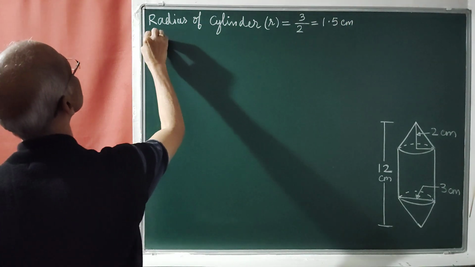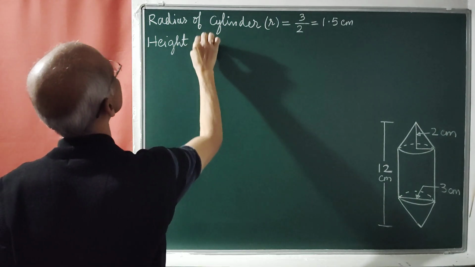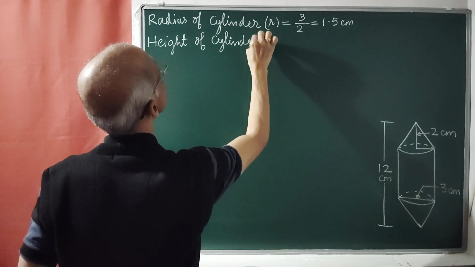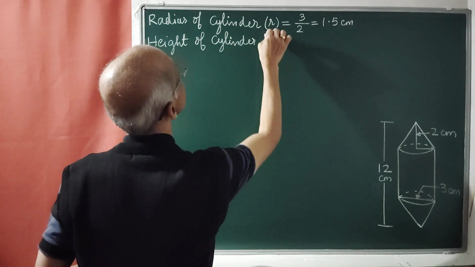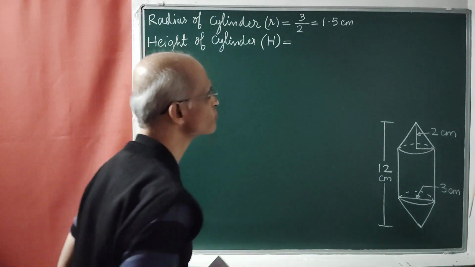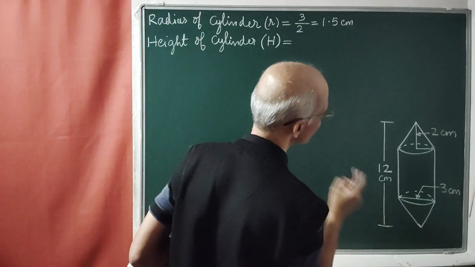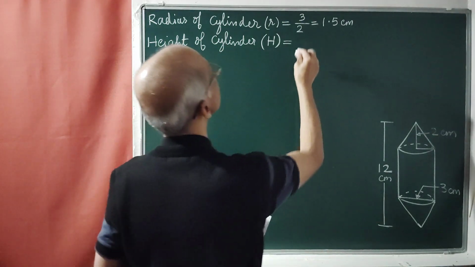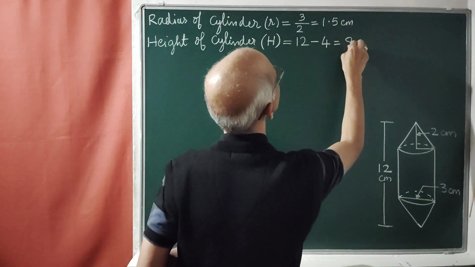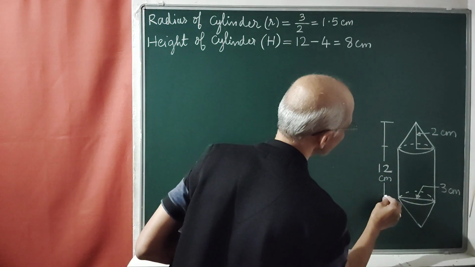Height of cylinder, H equal to, now to find the height of cylinder, from 12 we have to subtract 2 from here and 2 from here, that is we have to subtract 4. So 12 minus 4, that's equal to 8 centimeters. We have to subtract 2 from the top and 2 from the bottom.